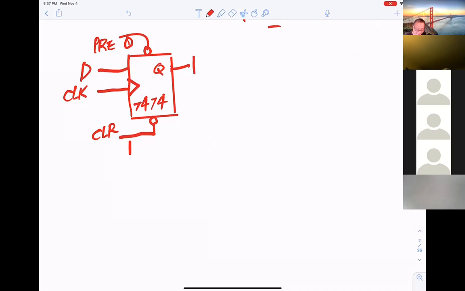What I said: don't care. What is the clock supposed to be? Oh yeah, that's right. Because PRE is 0, Q is 1 no matter what. What about the clock? Don't care. Perfect. You must say don't care.